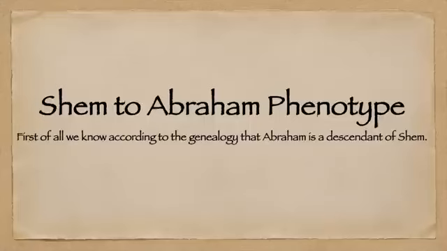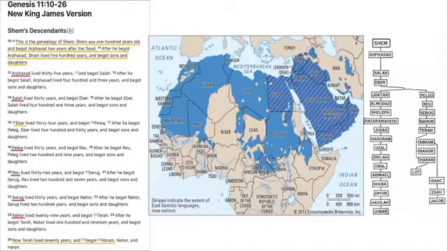First of all, we know according to the genealogy that Abraham is a descendant of Shem. Genesis chapter 11, verse 10 through 26. This is the genealogy of Shem. Shem was 100 years old and begot Arphaxad 2 years after the flood.